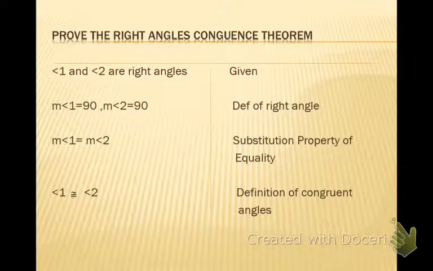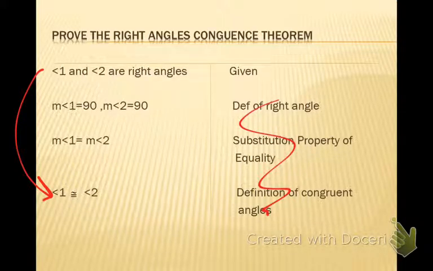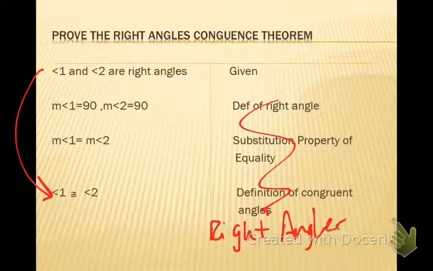So what this means to us is, instead of going through all this process every time, if we know we have two right angles, we can just jump straight down and say they're congruent, and instead of going through all of this, we can just say the right angle congruence theorem. Okay? So we can use this now.